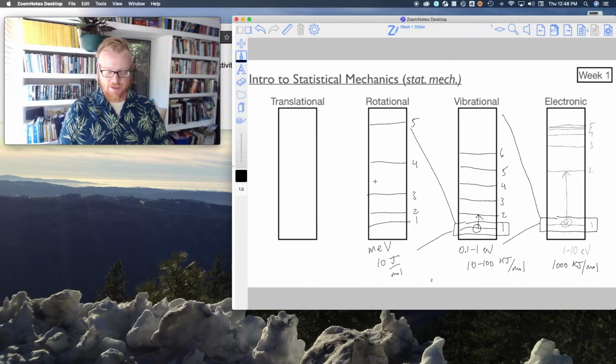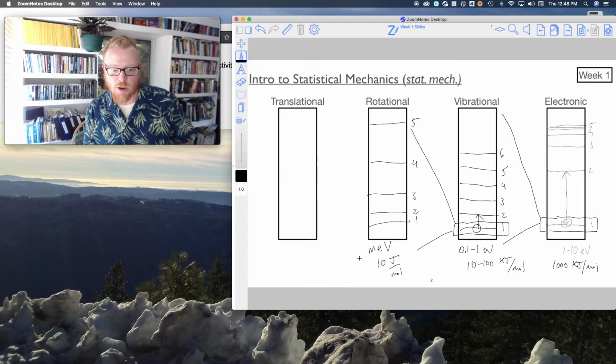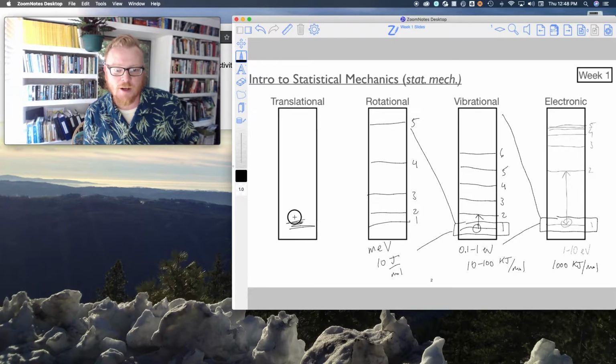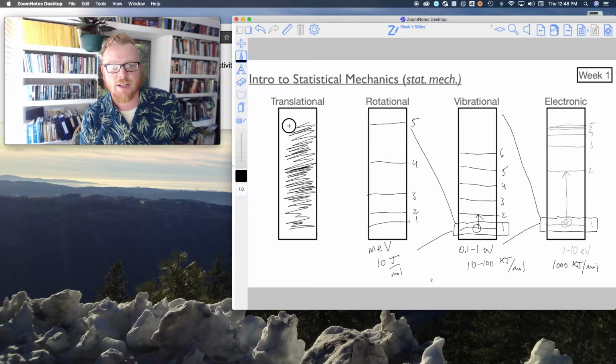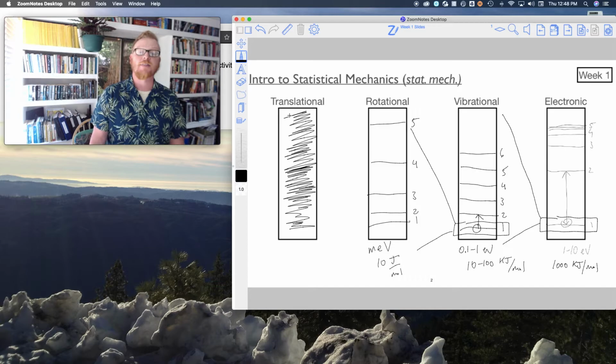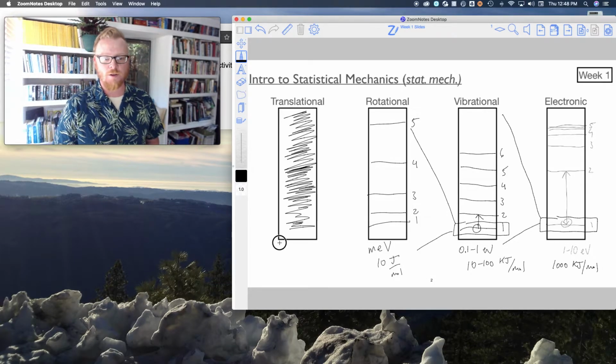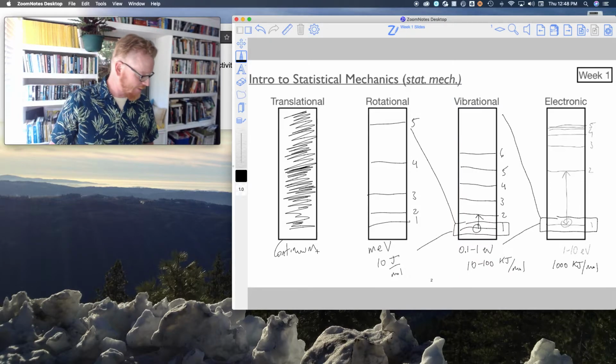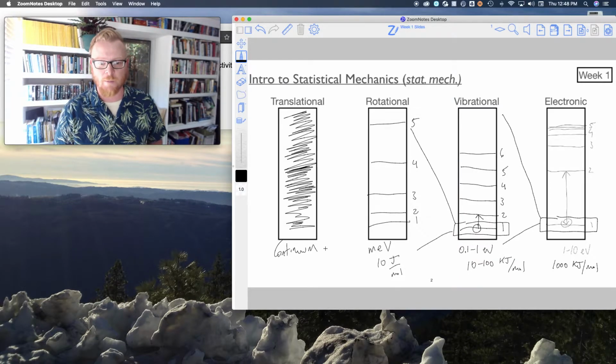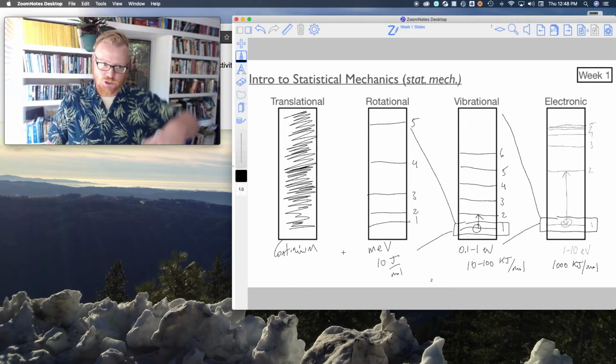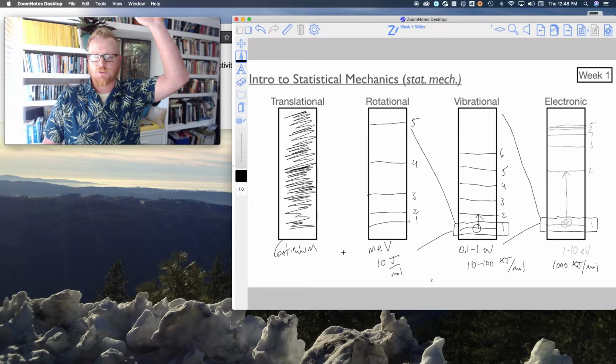Okay, and now if I were to zoom in on any of these levels, I would find the translations. And there's no way I can draw enough lines for these translations, so I'm just going to try to color this in, right? There are so many levels in this translational box that they form what we call the continuum. So it makes a continuous stream of energy levels.